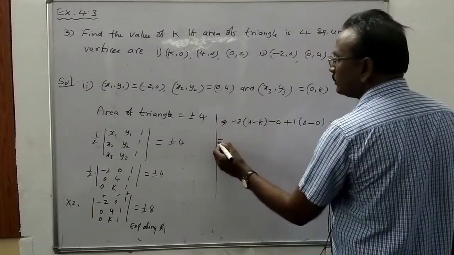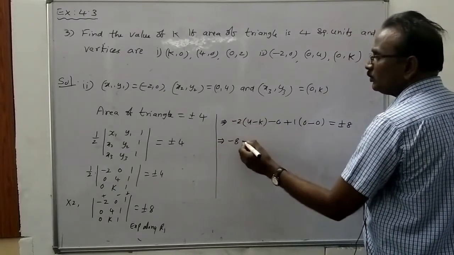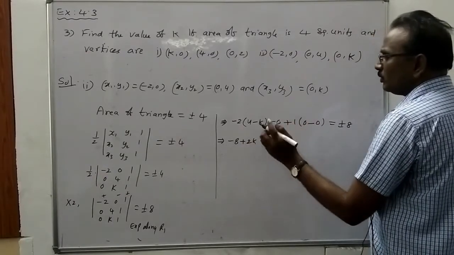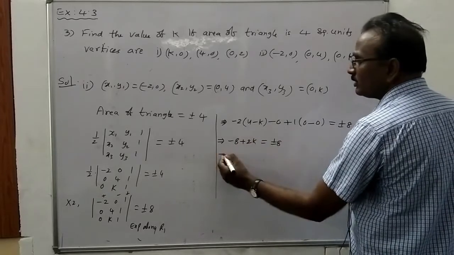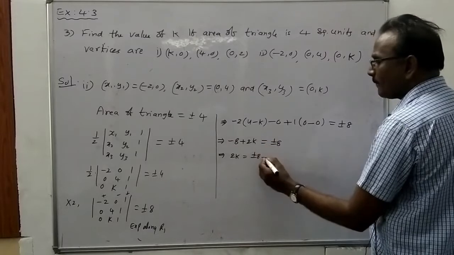So minus 2 into 4 minus 8, minus into minus plus 2k, 0 into anything is 0, so that is plus or minus 8. Transpose minus 8 to the RHS, 2k is equal to plus or minus 8 plus 8.